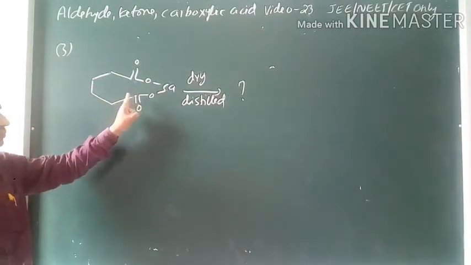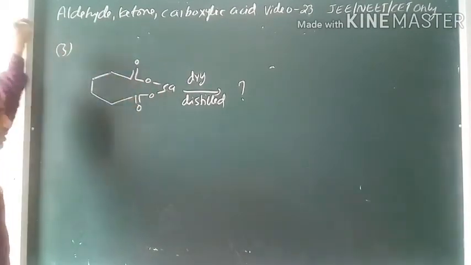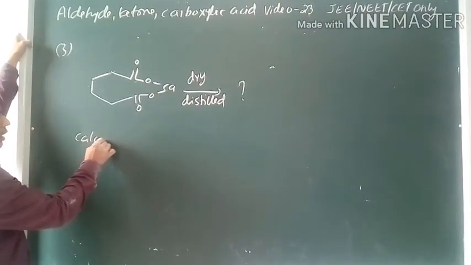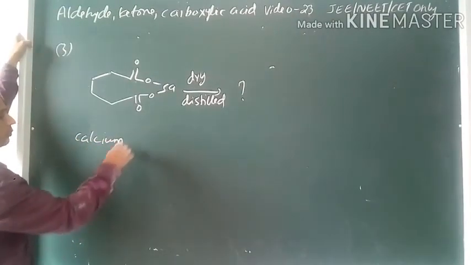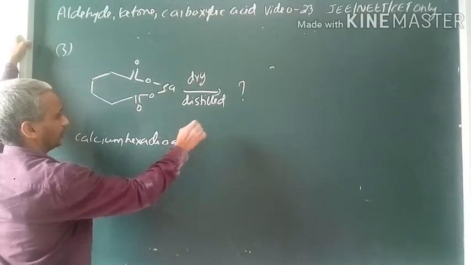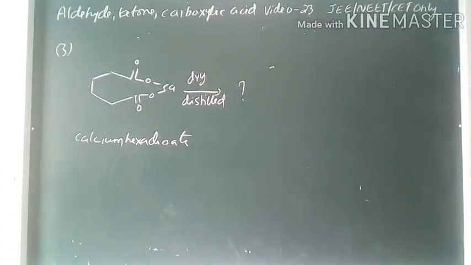Now see this. This compound dry distilled. What is this? Calcium hexanedioate. What are the products?